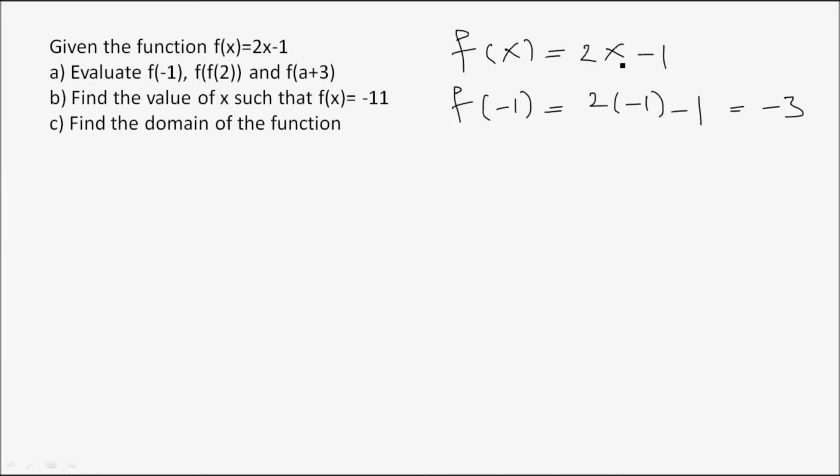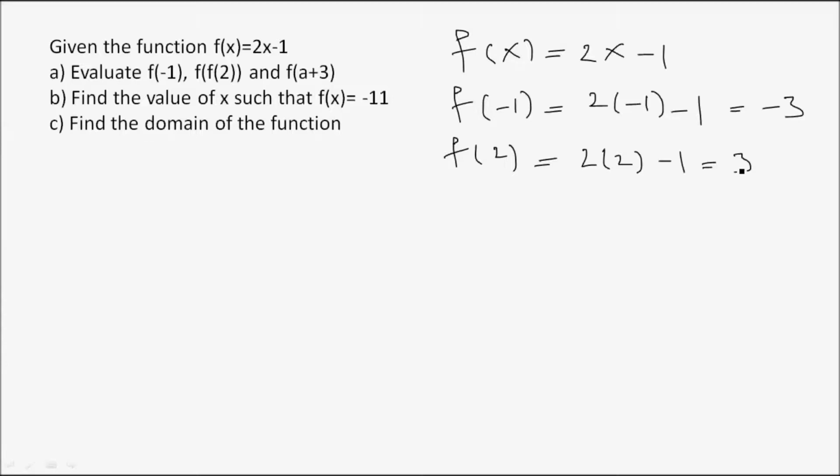That is, all the instances of x should be replaced with this value here. So for example, what is f of 2? F of 2, you have to replace x with 2. So it's 2 times 2 minus 1, that is 4 minus 1, which is 3.